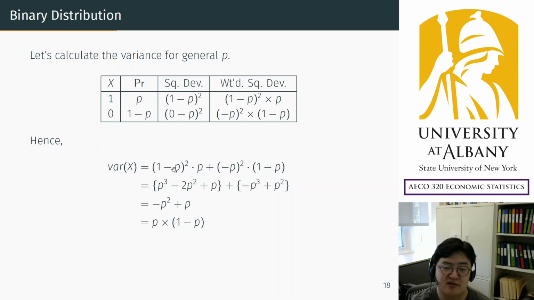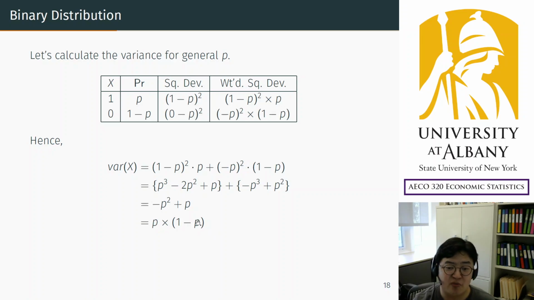So just expand the square term, then you get these, and p to the 3 canceled out, and it simplified like this, even further simplified like this. So we get a formula. In a binary distribution, the variance equals P times 1 minus P.